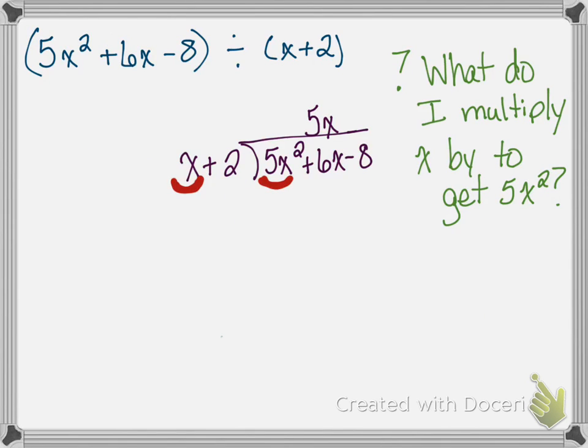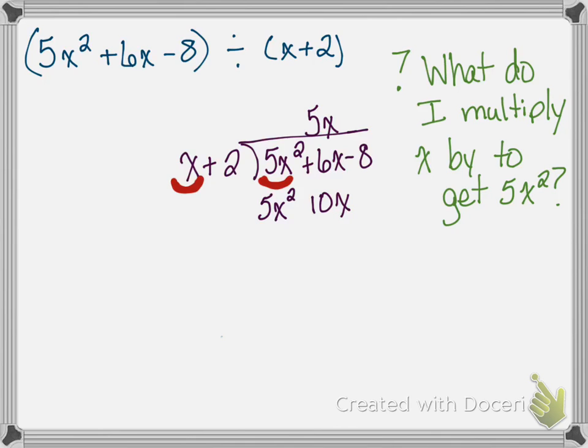So here I placed that 5x over my 6x because they both have an exponent raised to the first power. So now we do 5x times 2, and 5x times 2 is 10x, and 5x times x is 5x squared.